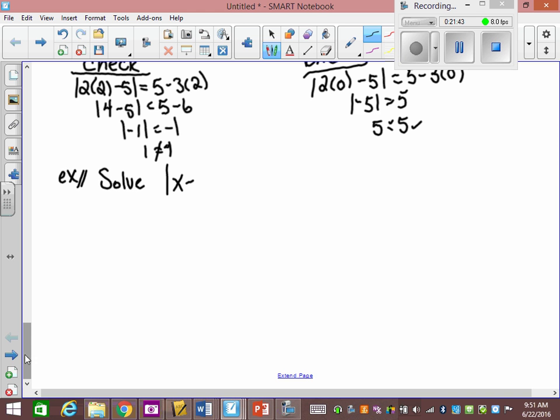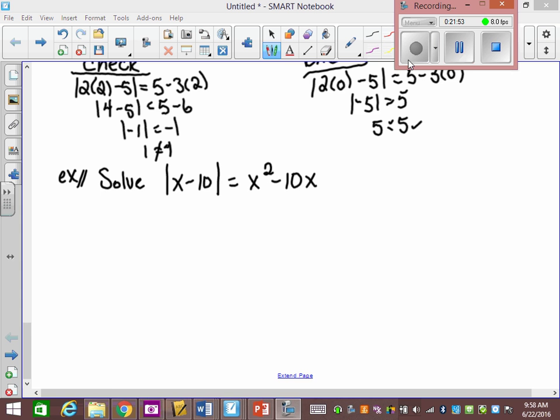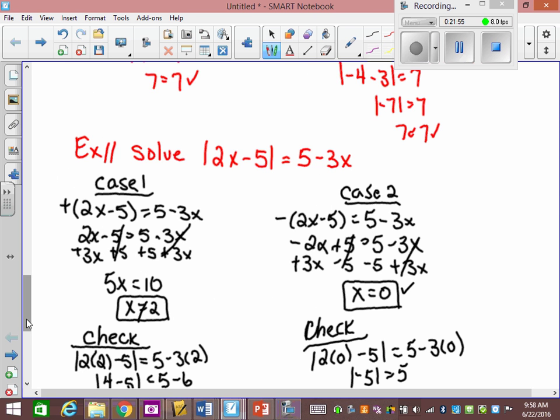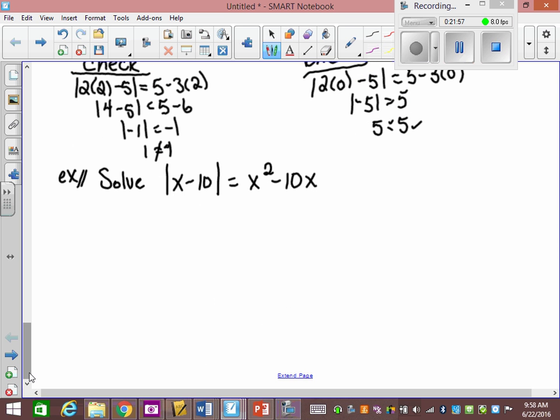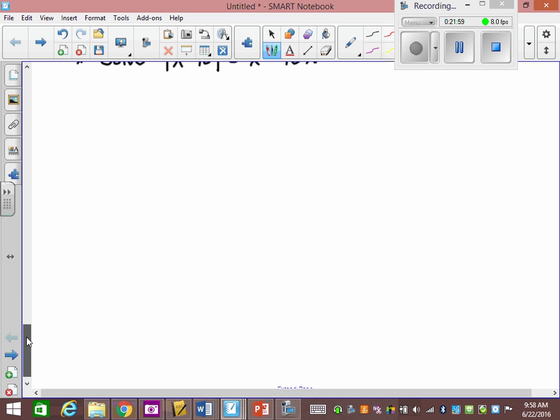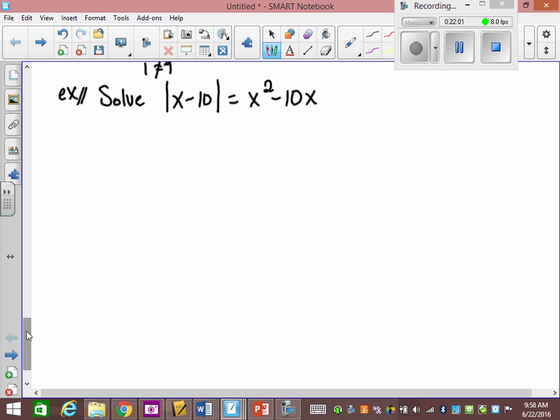Solve absolute value of x minus 10 equals x squared minus 10x. Okay. So case 1.